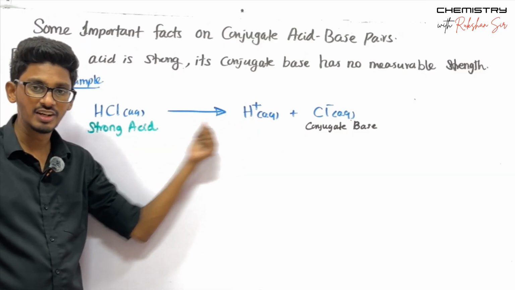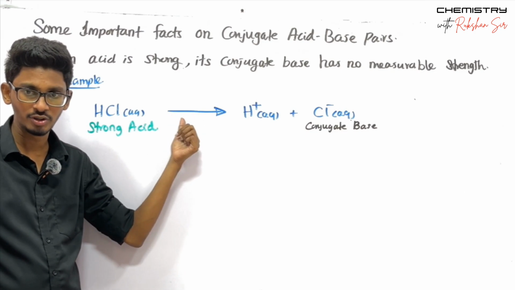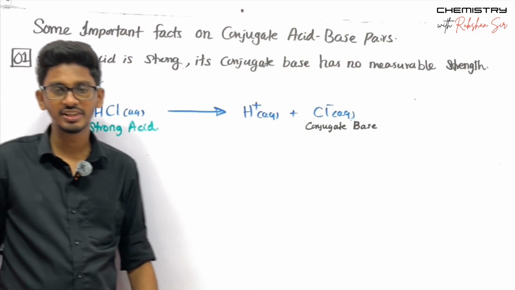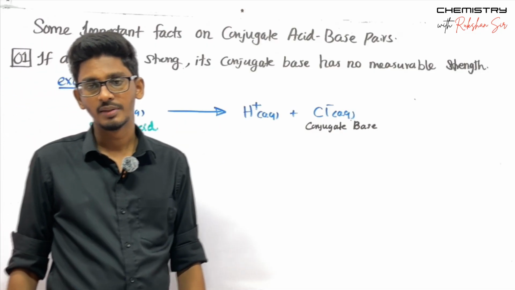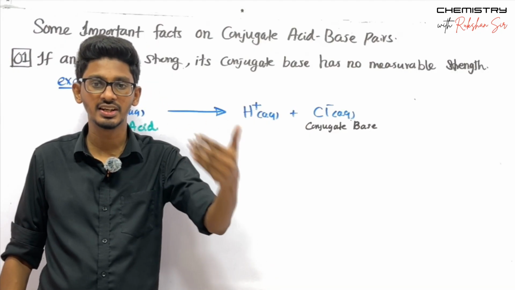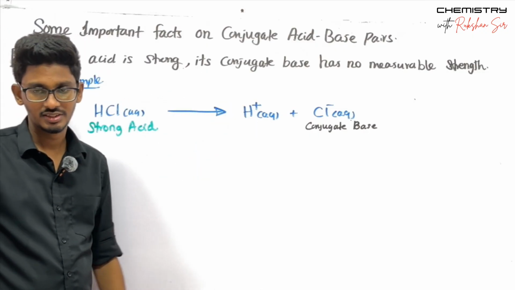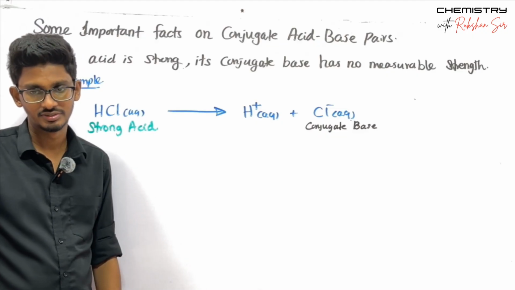Because the reverse reaction won't appear. Strong acid means completely dissociated, completely ionized. That means only a single straight arrow will represent the equation.